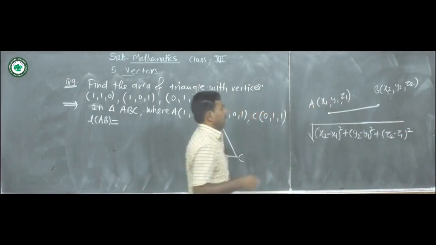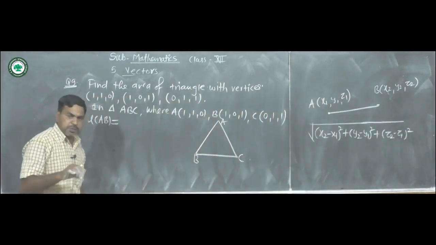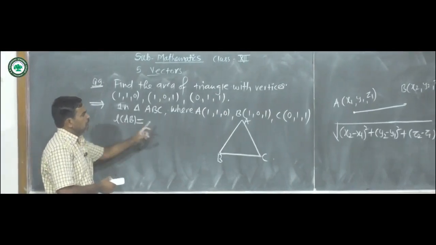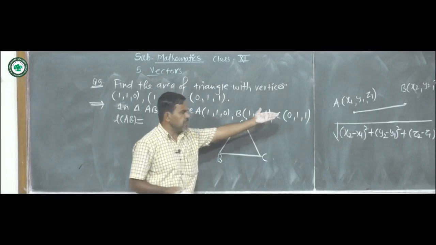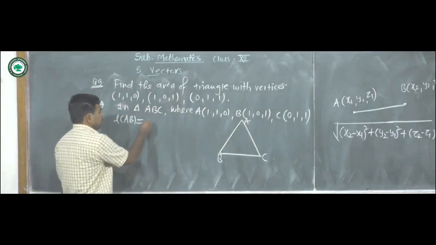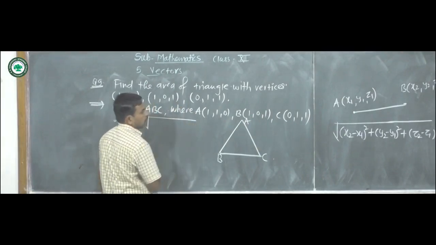So this is the formula to get the distance between any two points. Now here we have to find the length of AB. The point A is known, B is known. Using this formula we can find the length of side AB.